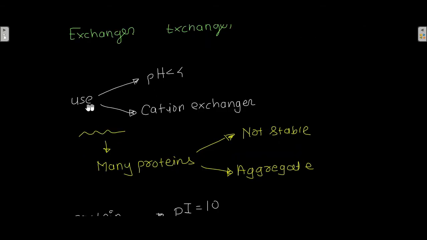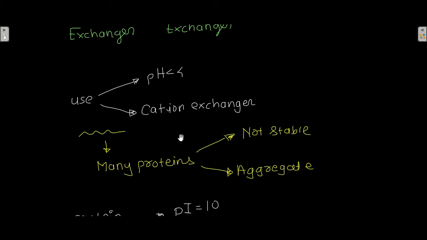Now if you use a cation exchanger in the pH range below 4, then in the pH range which is below 4, many proteins will not be stable and they will be aggregated. Okay, the pH below 4 is very acidic, and in the acidic environment many proteins will not be stable and they will aggregate. So it depends upon the pH.